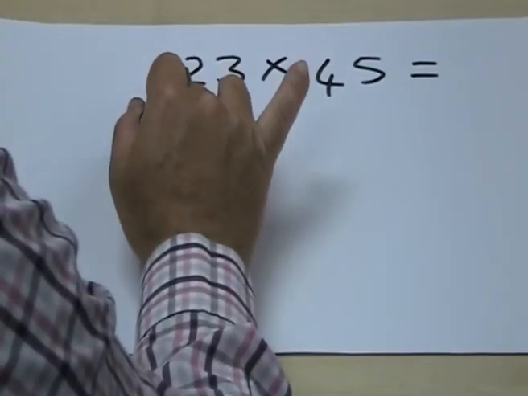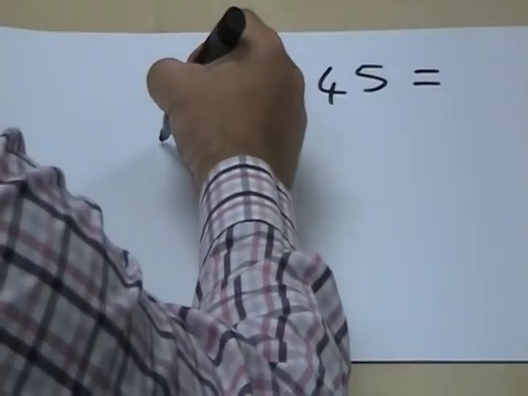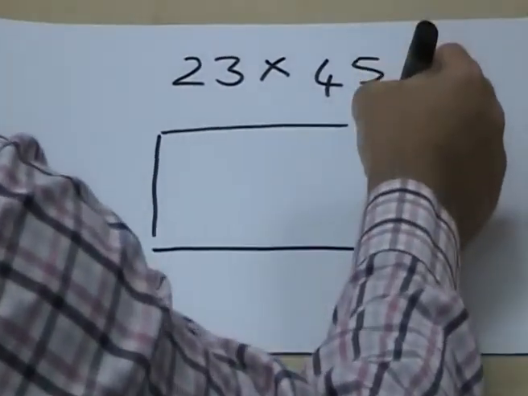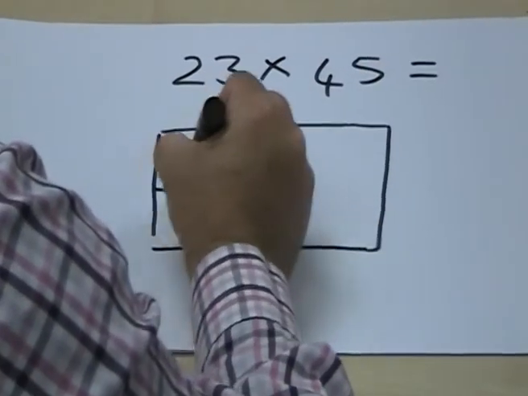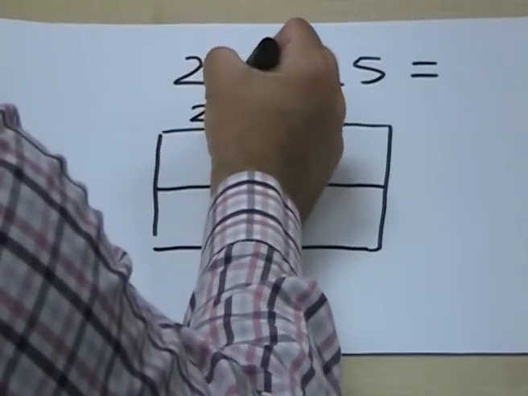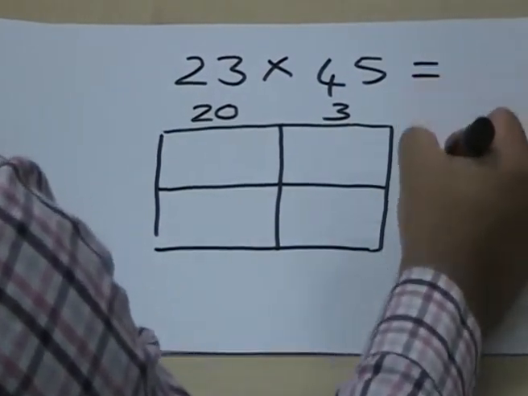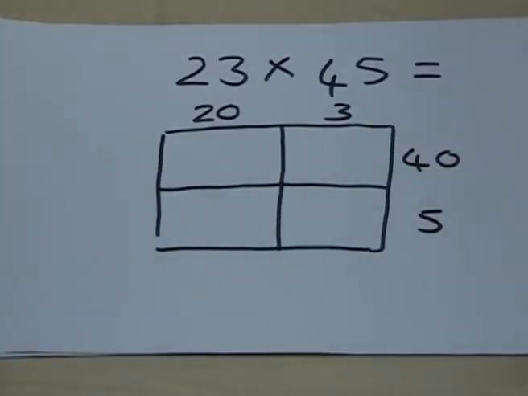Again, we've got 2 digits times 2 digits, so we're looking at 2 rows, 2 columns. Then partition your numbers. And then carry out the multiplications.